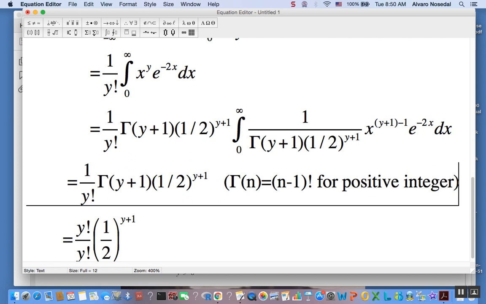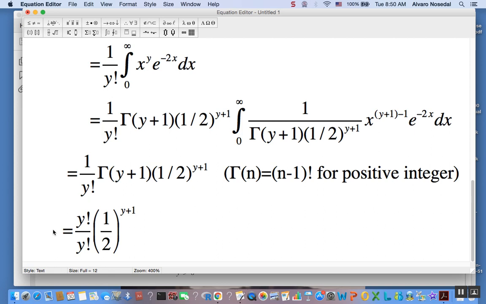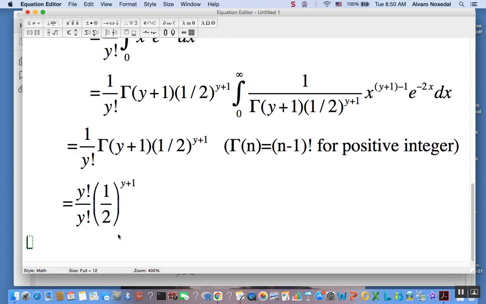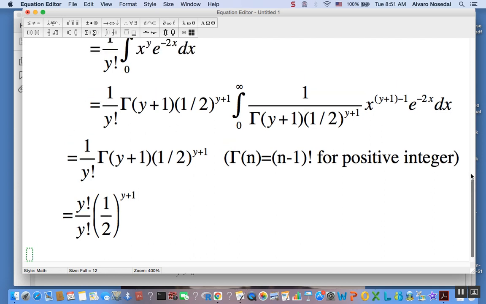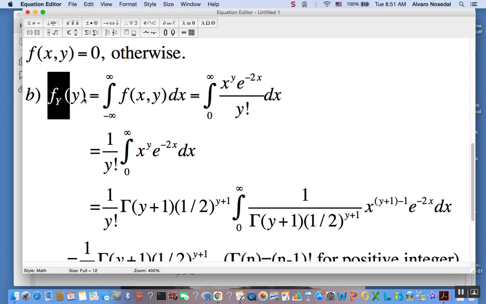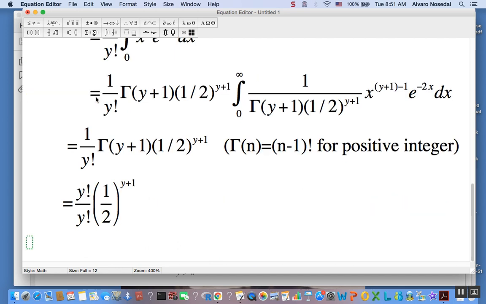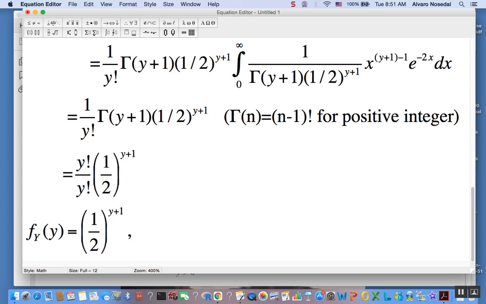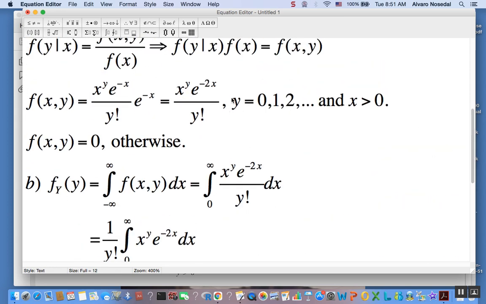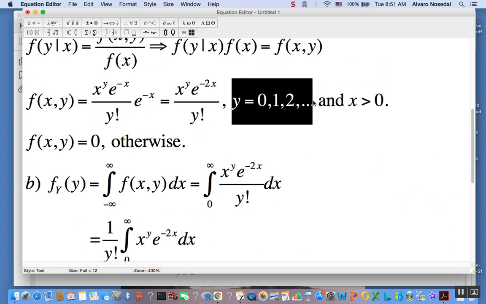Okay, that's what we're doing here, using that property of the gamma function. Okay, so anyway, in the end, what we have is the marginal of y is just this. But we also need the possible values, and the possible values are 0, 1, 2, and so on.